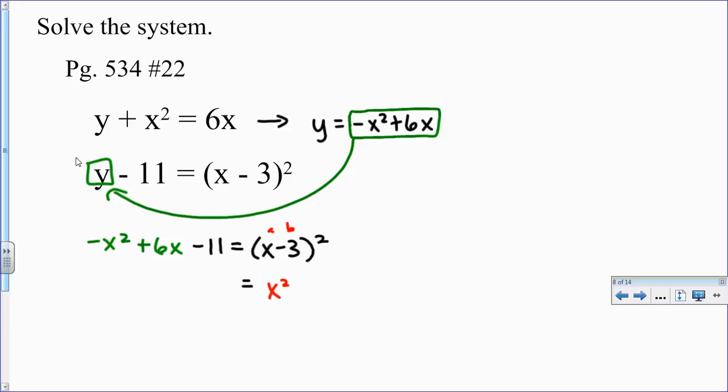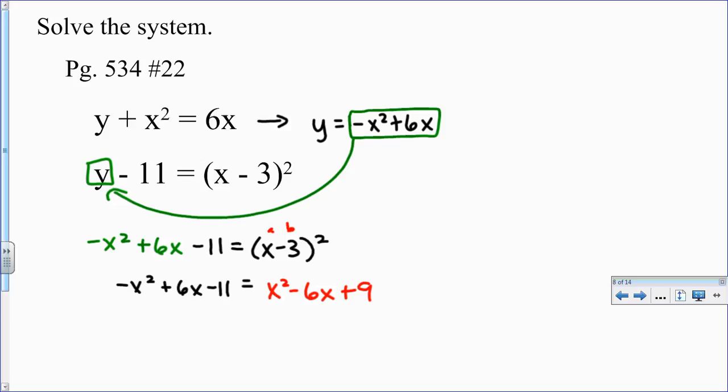And then 2ab. So x times negative 3 is negative 3x times 2 is negative 6x. And then b squared, so negative 3 squared is positive 9. Okay. So then on the left, I just have negative x squared plus 6x minus 11.